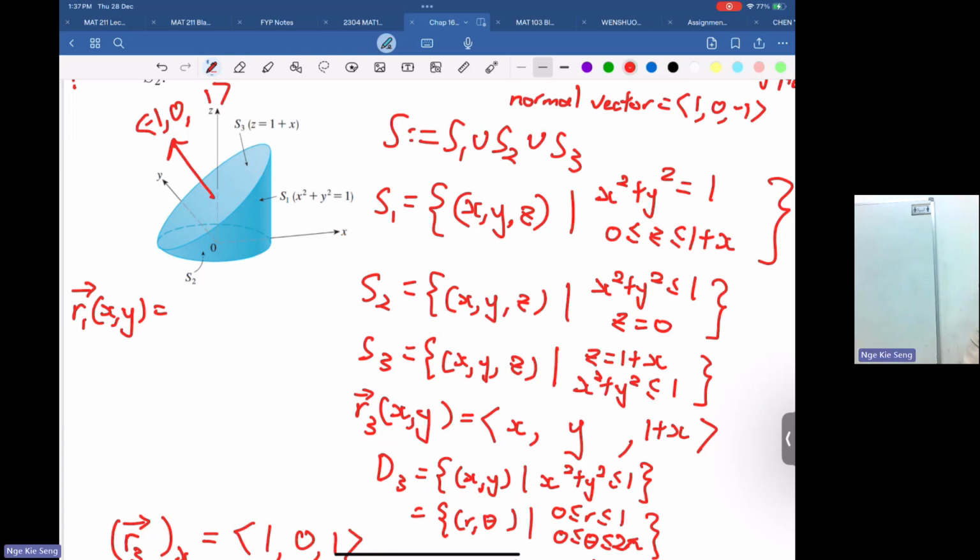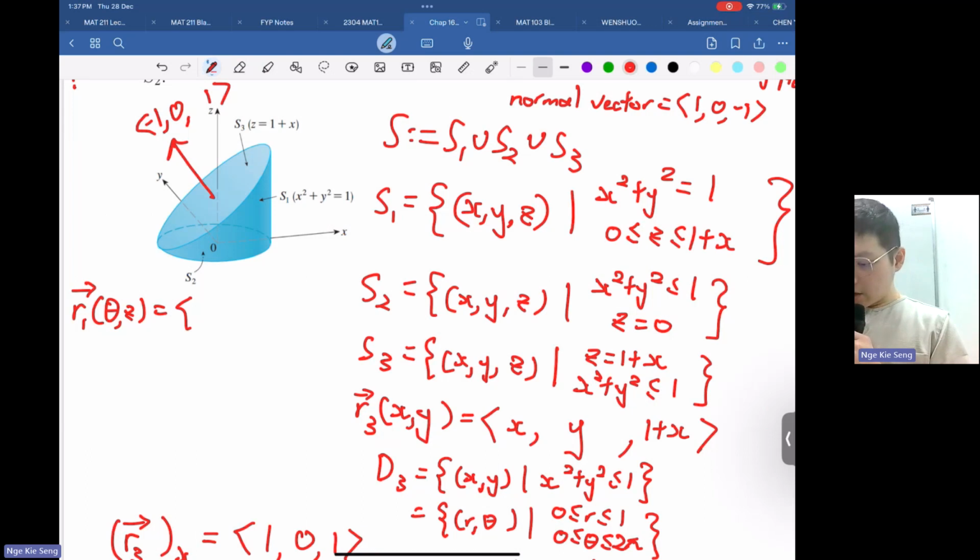It is part of the cylinder, right? So cylinder is a circle, and the radius doesn't change, but the height will change. So you just use angle and the height, because the radius doesn't change. So we will use theta and z.